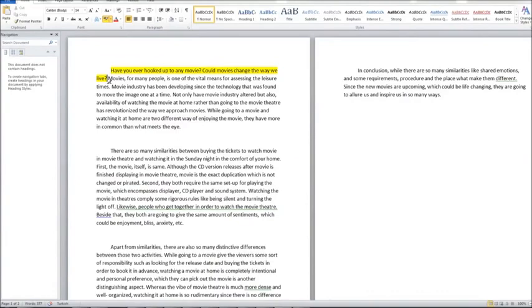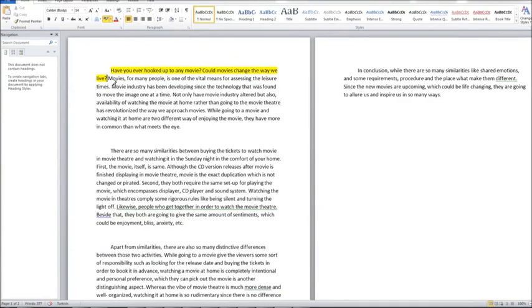Then, movies for many people are one of the vital means of spending leisure time. The movie industry has been developing since the technology was found to move the image one frame at a time. So in these two sentences, I started to narrow down the topic, because I'm going to move to my thesis.